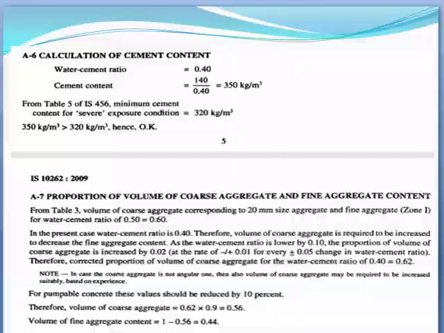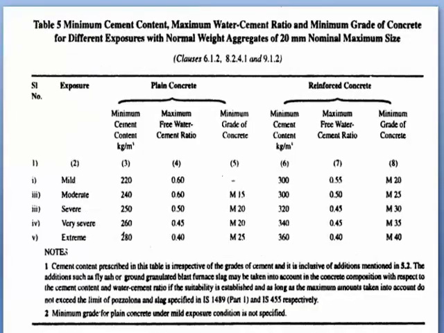So you can see this table 5, exposure condition, it is severe, reinforced cement concrete mentioned in the statement, the question, and the minimum cement content kg per meter cube, for severe it is 320. So minimum cement content is 320.